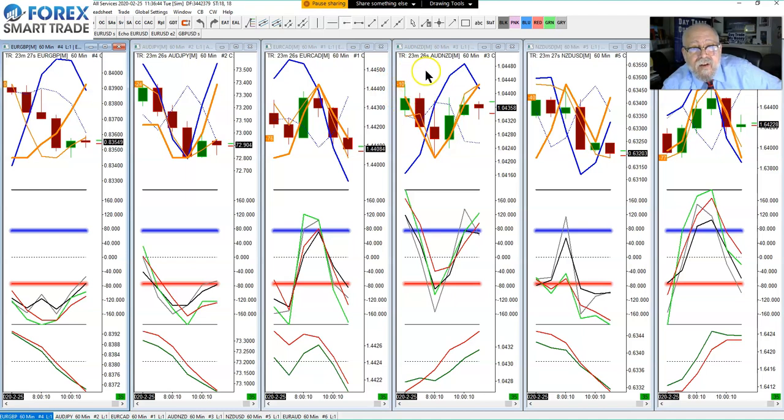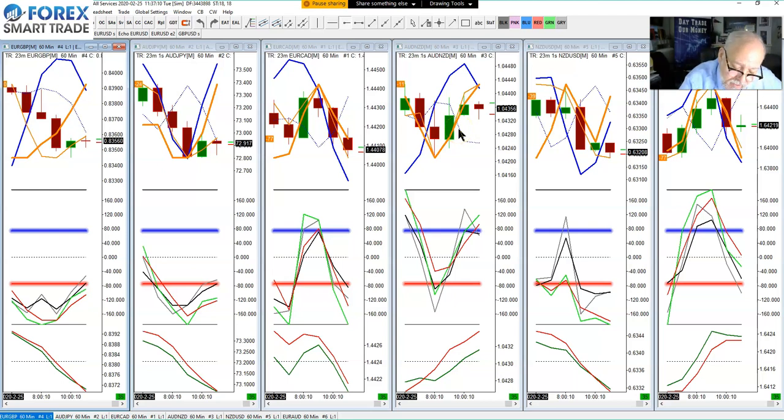So minus 10 on AUD NZD, and I've got all 4 lines. Well, I got 3 of the 4 lines touching the black line. Actually, 2 of the 4. The black line and gray line, the minors, have started to already turn. So this is a prospect.